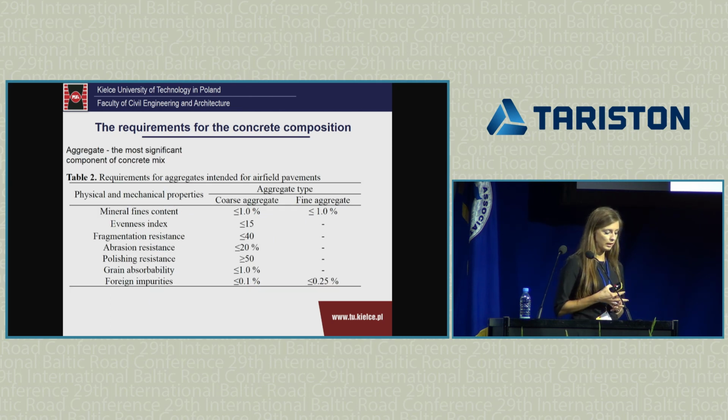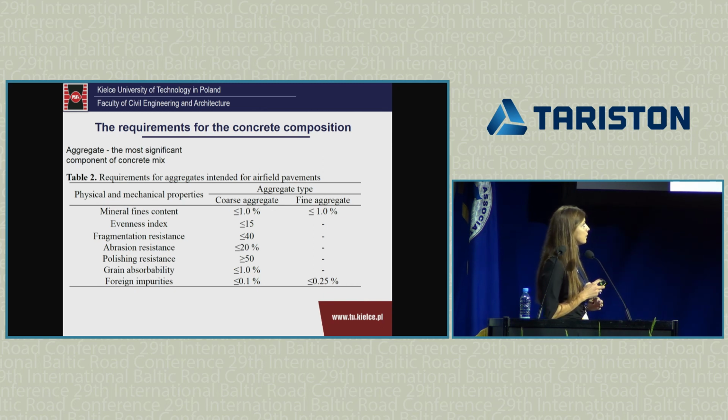The most significant component of the concrete mix is aggregate. Aggregate content in the mix is from 70 to 75%. The type of aggregate used is of primary importance in shaping the parameters of the hardened concrete. The aggregate used in the case of airfield pavements should comply with the requirements included in table 2.